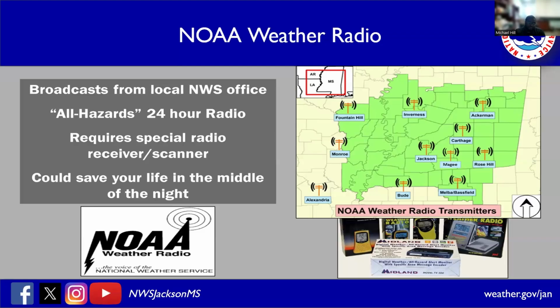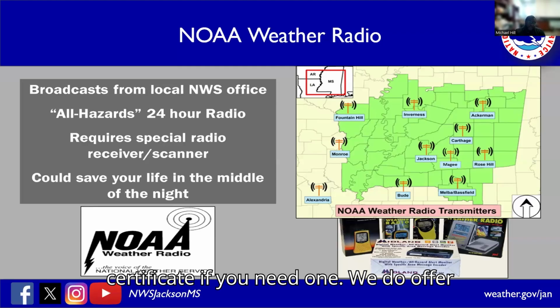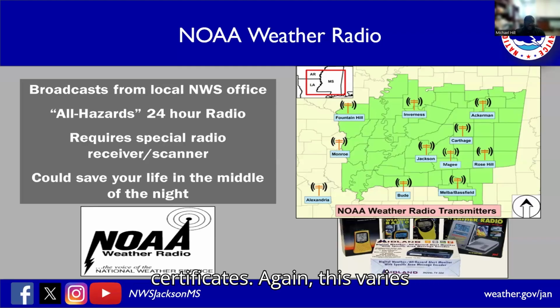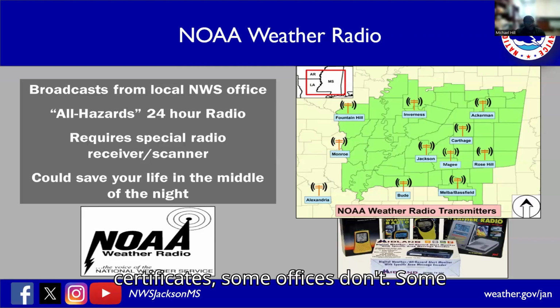We'll talk about it. So once the Storm Spotter class is completed, do participants get a certificate or how does that work? You can get a certificate if you need one. We do offer certificates. Again, this varies between offices. Some offices do certificates, some offices don't.